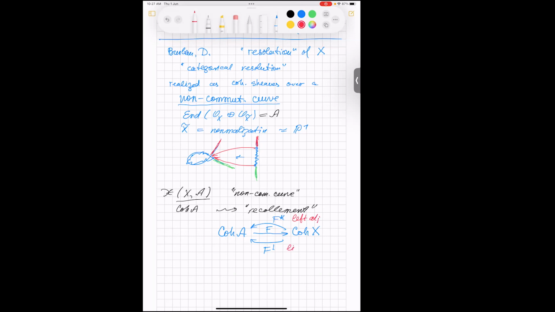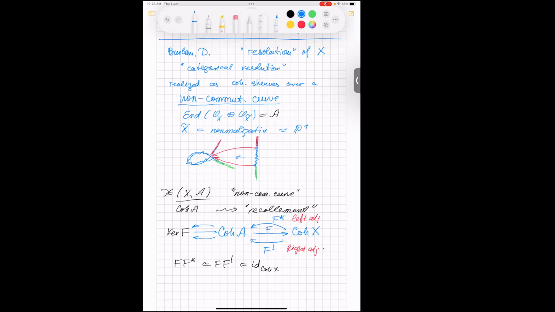This is the right adjoint. Moreover, they have a very nice property: both of them are in some sense inverse to F, namely F composed with F star and F composed with this one are equivalent to the identity functor of coherent sheaves. Then certainly we have here the kernel of F. It is embedded here, and this embedding also has left and right adjoints.